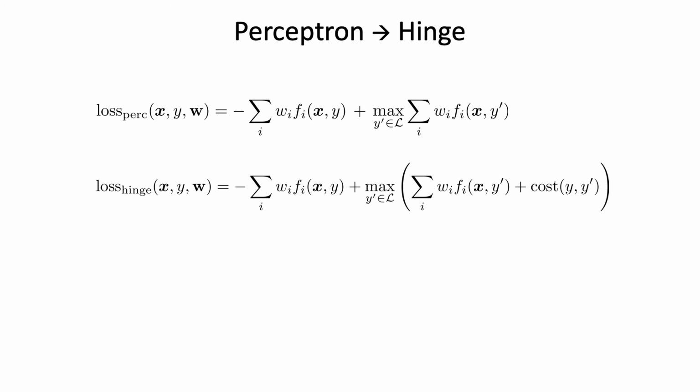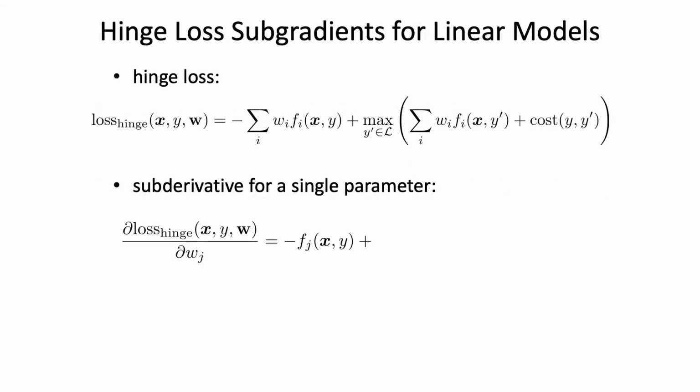Now how about for hinge loss? Recall that hinge loss differs by the inclusion of the cost function in the maximization. The subgradient is similar to that for the perceptron loss, but there is a difference due to the presence of the cost function. Now, when finding the subgradient of the max, we can't just use the classify function anymore, because the max is computed over the score plus the cost.